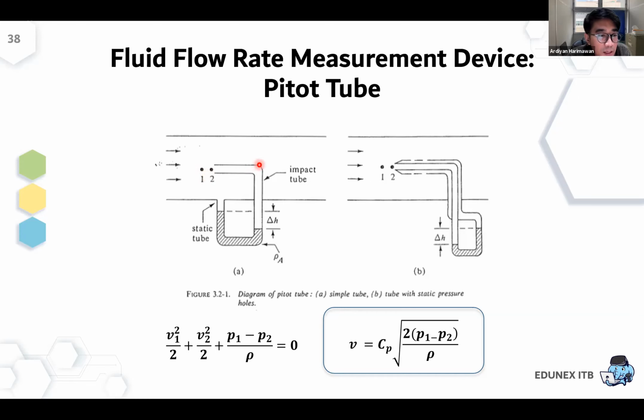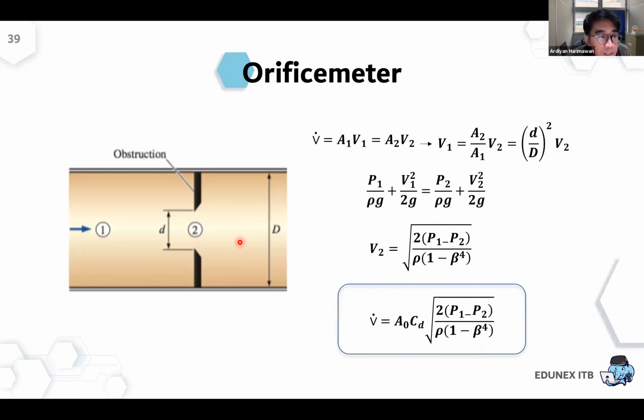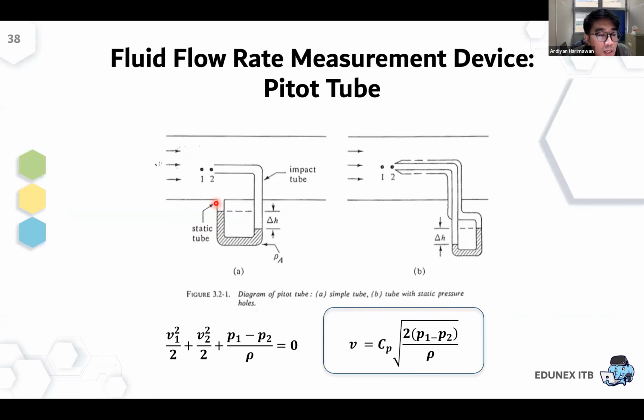And pitot tube, and then later the orifice, and then the venturi. I think the similarity is that the fluid flow rate measurement is basically correlated using the Bernoulli, but the flow rate will be correlated with the pressure. How to measure the pressure?